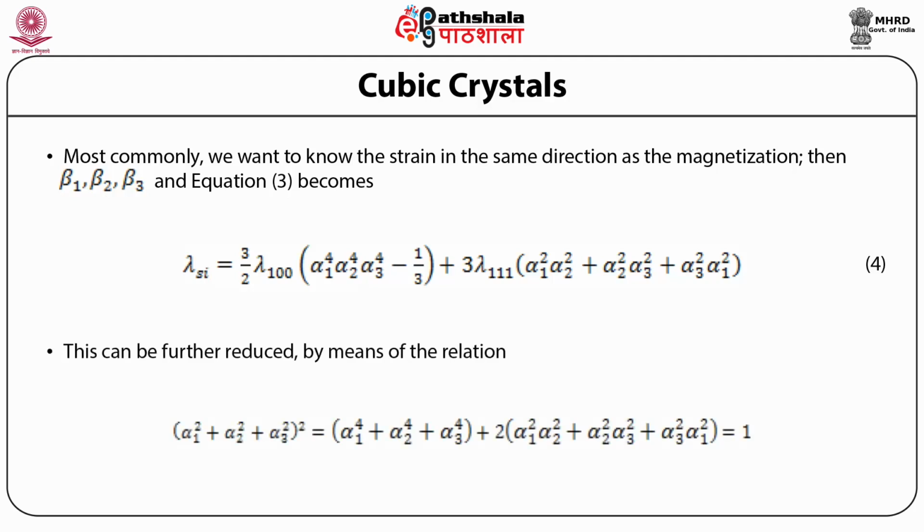This can be further reduced by means of the relation (alpha 1 square plus alpha 2 square plus alpha 3 square) whole squared, which is equal to alpha 1 to the power 4 plus alpha 2 to the power 4 plus alpha 3 to the power 4 plus 2 into (alpha 1 square alpha 2 square plus alpha 2 square alpha 3 square plus alpha 3 square alpha 1 square), which is equal to 1.